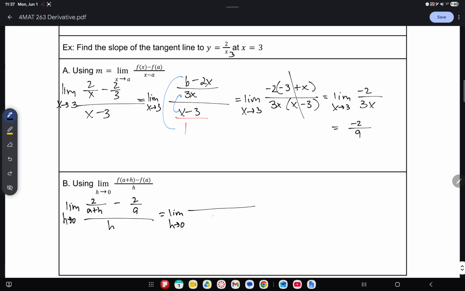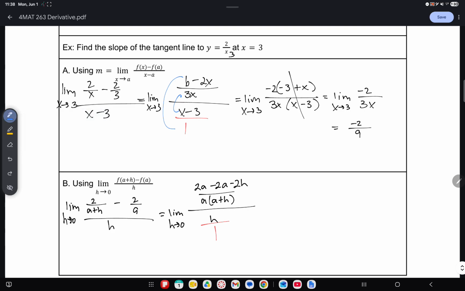Let's get those into one fraction. So the common denominator is going to be a times a plus h. First one is missing a factor of a. The second one is missing a factor of a plus h. So minus 2a minus 2h.